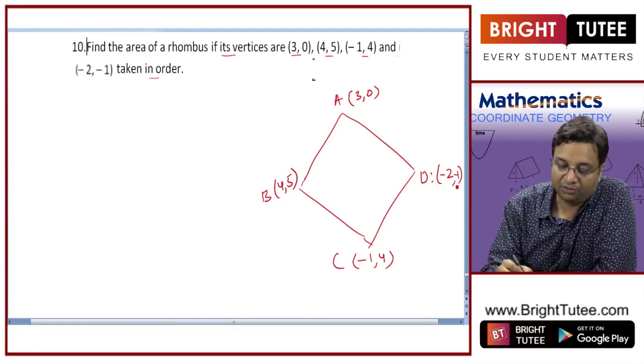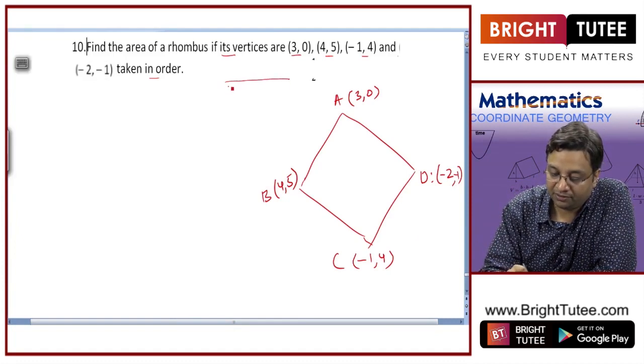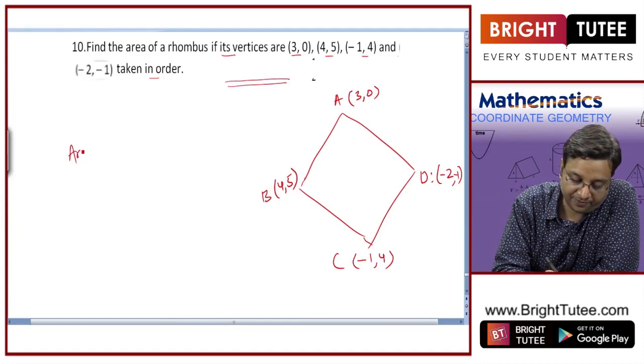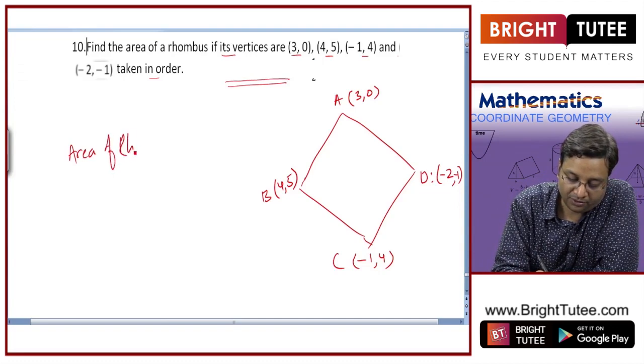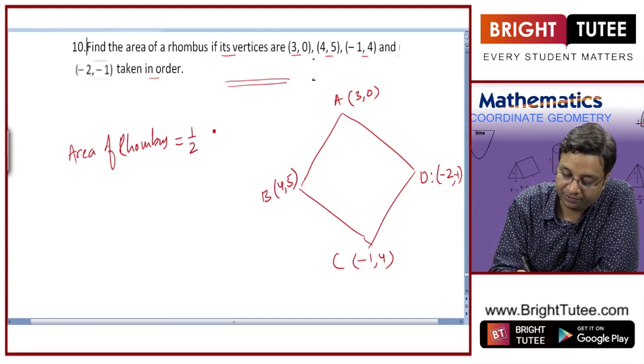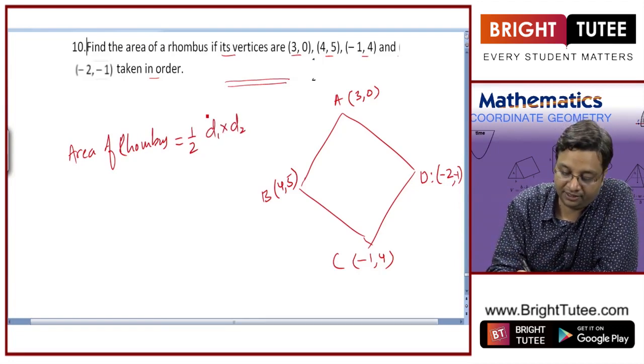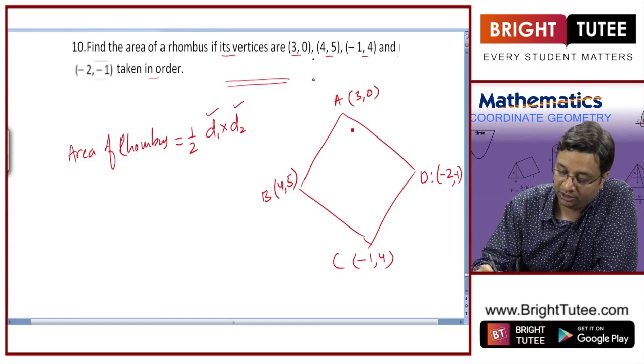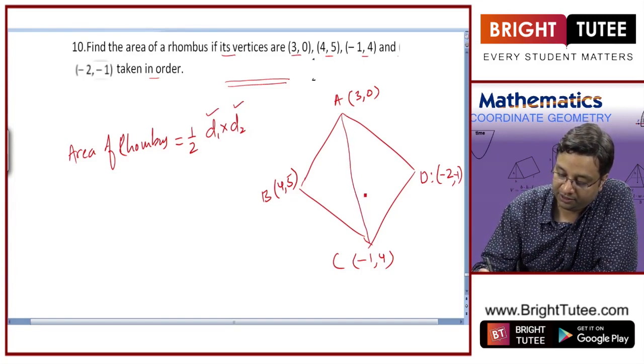So what is the area of a rhombus? It is also given in this question itself. Area of rhombus is equal to half of the product of diagonals. Let's say this is diagonal 1, D1, and this one is diagonal 2, D2.